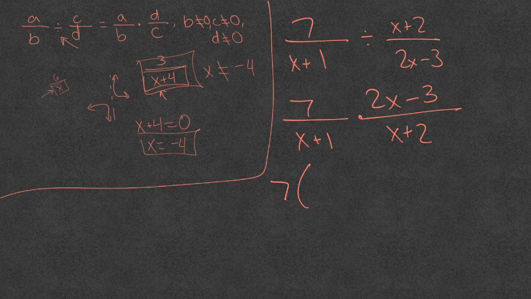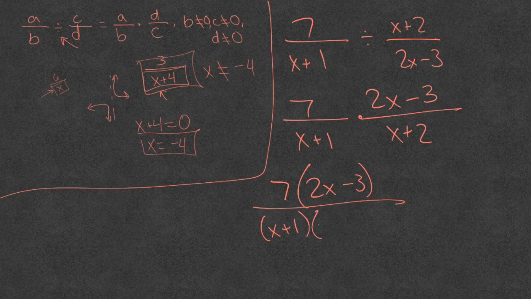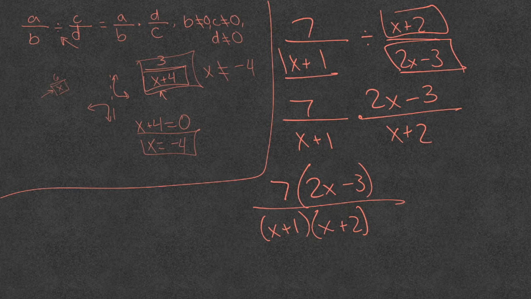So that means I've got 7 times 2x minus 3 over x plus 1 and x plus 2. However, I now need to find out what makes each of these pieces 0, because my answer cannot equal that. That takes us back to the definition of A over B times D over C. Our B, which in this case is that x plus 1, can't equal 0.